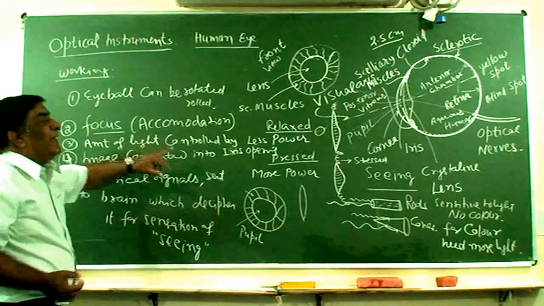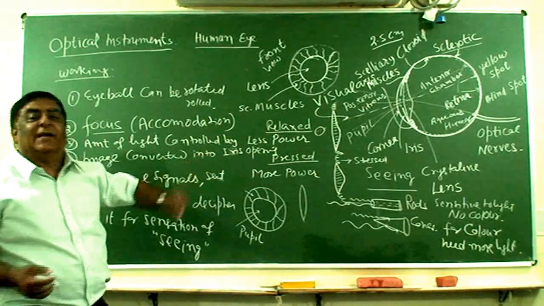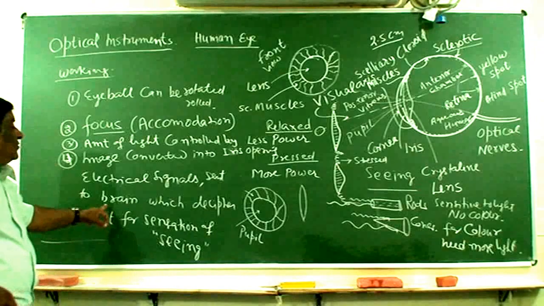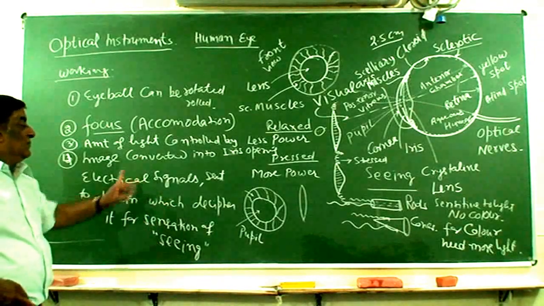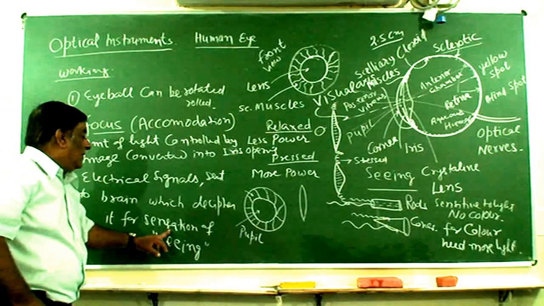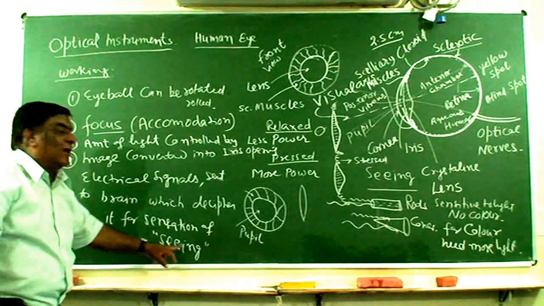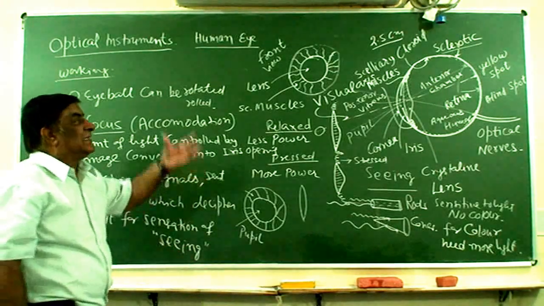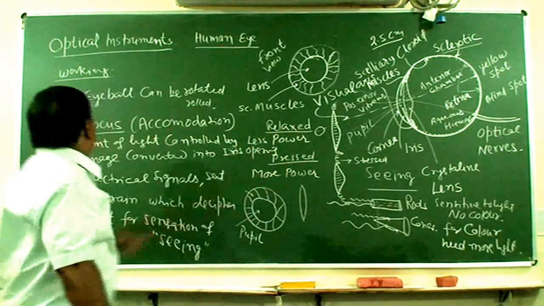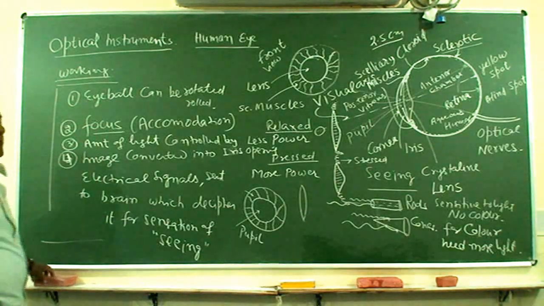And after that, the image is formed on the retina, and the retina converts it into electrical signals. Those electrical signals are sent to the brain, and the brain deciphers it for sensation, and that sensation we call seeing. So this is the working of the eye.